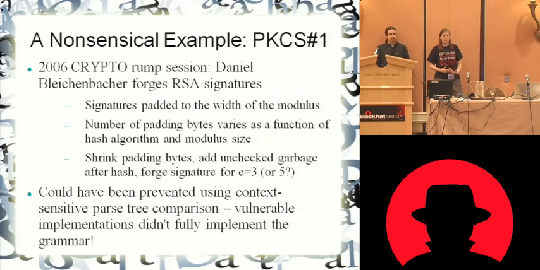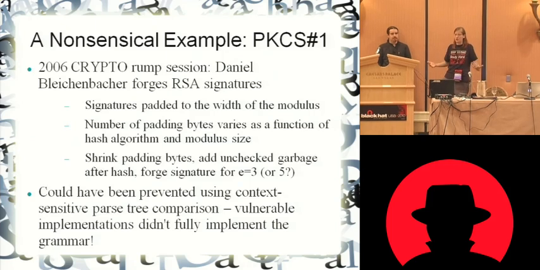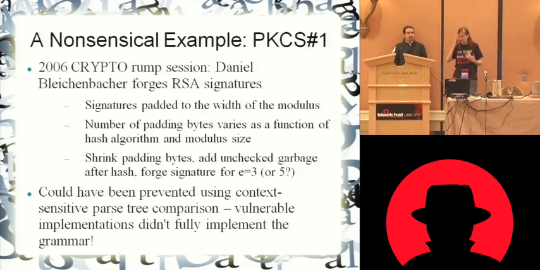He was shrinking the padding bytes and adding a bunch of extra garbage after the hash, such that the tail end resolved to a signature that was quote unquote valid, but had not actually been signed by the right key.